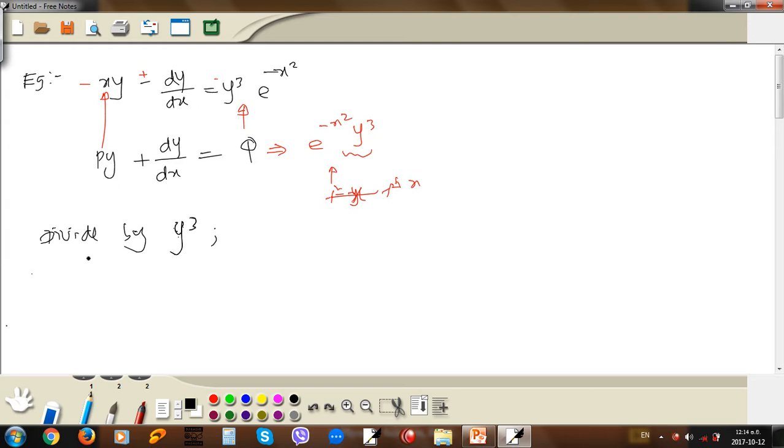If we divide by y to the power 3, here comes x over y squared, minus 1 over y cube times dy by dx.